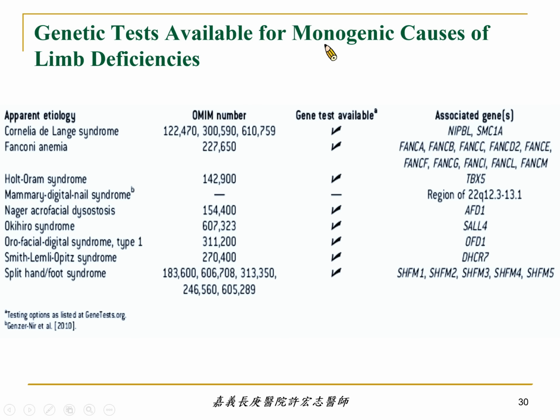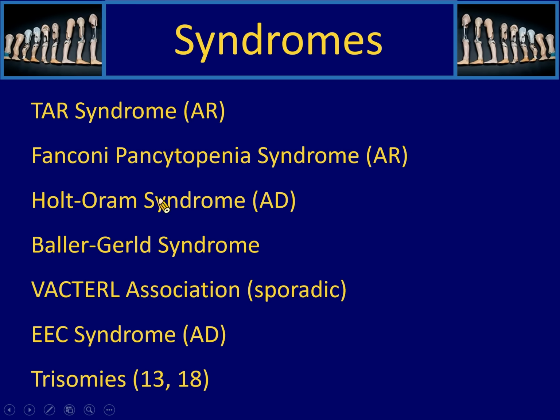Then we can do some genetic tests for the monogenic causes of limb deficiency. For example, for Fanconi anemia or Holt-Oram syndrome, we can check these associated genes for early diagnosis. These are the common syndromes with limb deficiency.